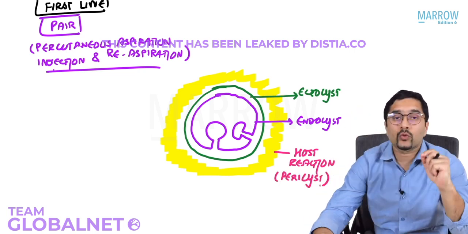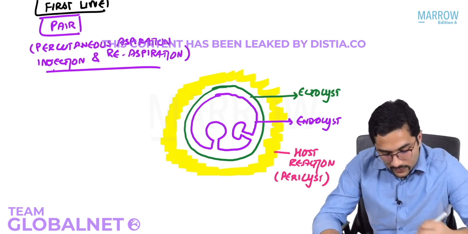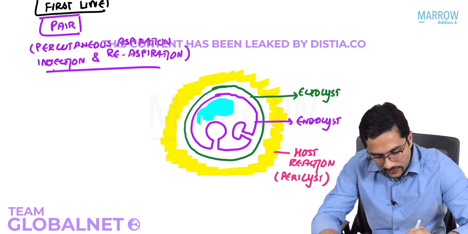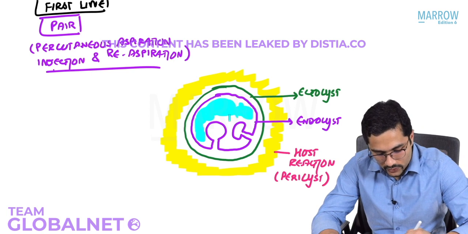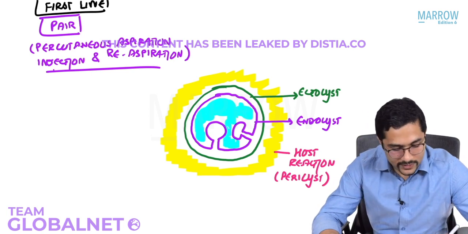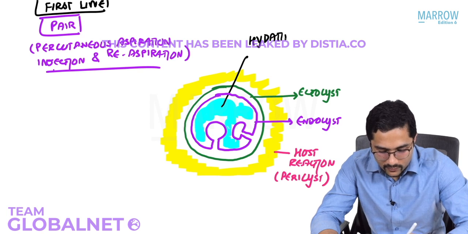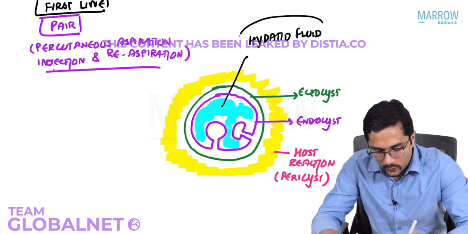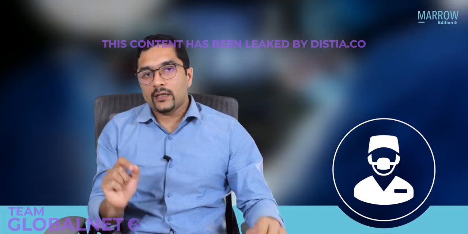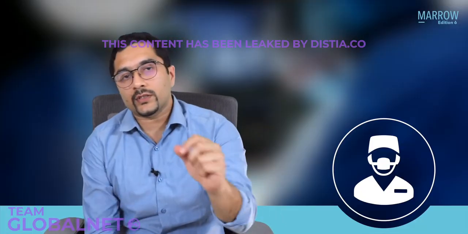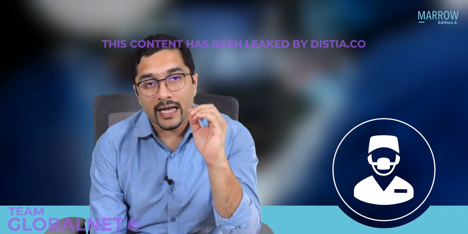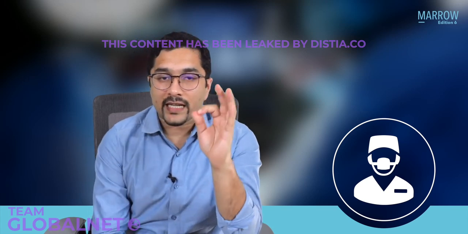So this is not a true layer of the organism. Now, inside the endocyst, you have hydatid fluid. This bluish part is hydatid fluid. The significance of this hydatid fluid is that if it leaks out into the circulation, it can give rise to an anaphylactic reaction.